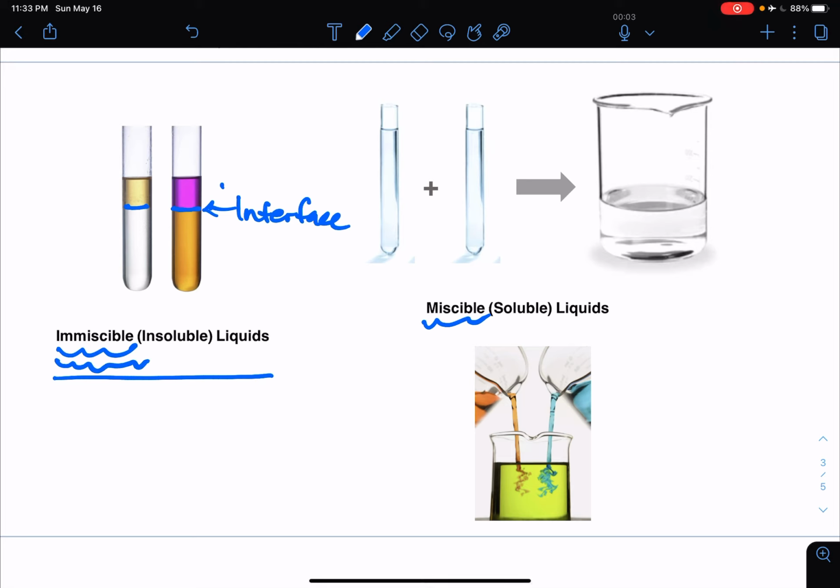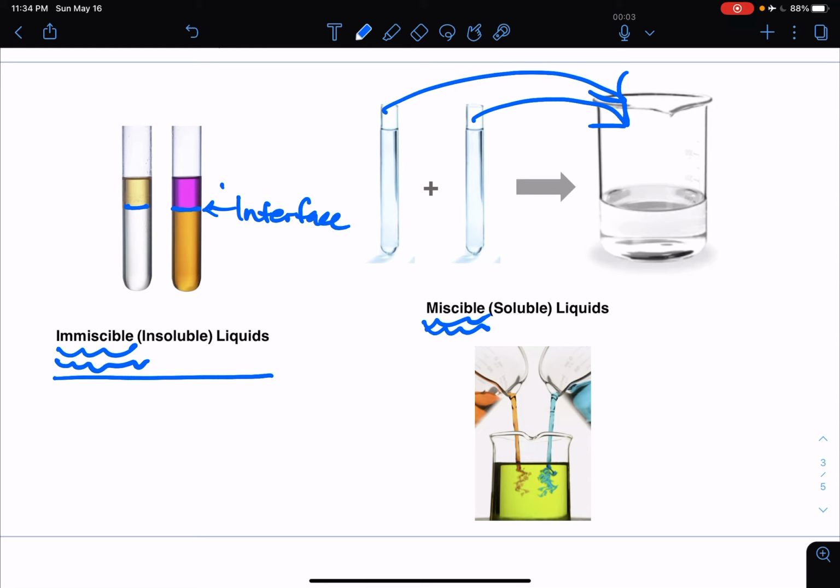If our liquids are soluble in each other, if they dissolve each other, then we call that miscible. So if you have two liquids that are clear and colorless and you mix them together, you're not going to get something that's very exciting.